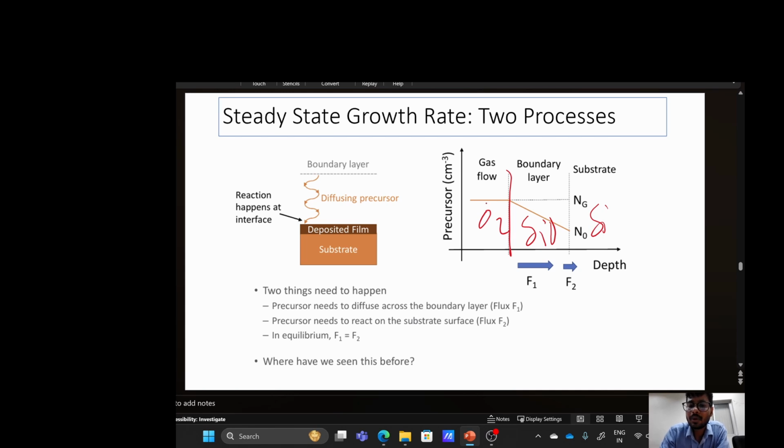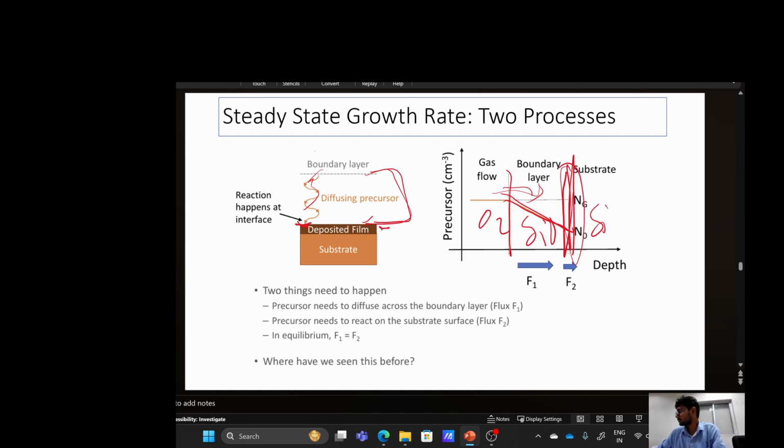Oxygen diffuses through SiO2 and reacts at the interface with silicon, forming SiO2. This is the same thing: there is diffusion of the precursor through the boundary layer, and this is the deposited film, the interface, where the reaction is happening.